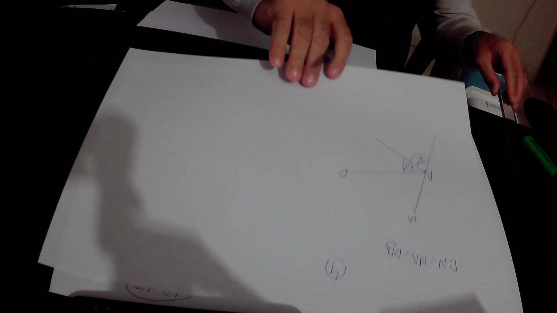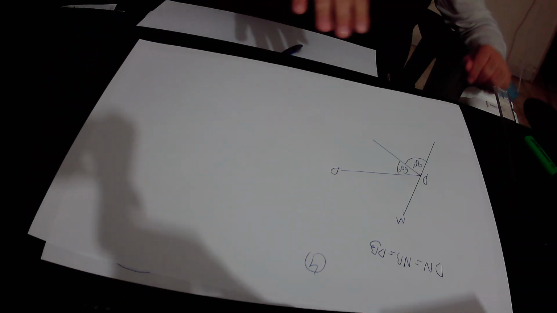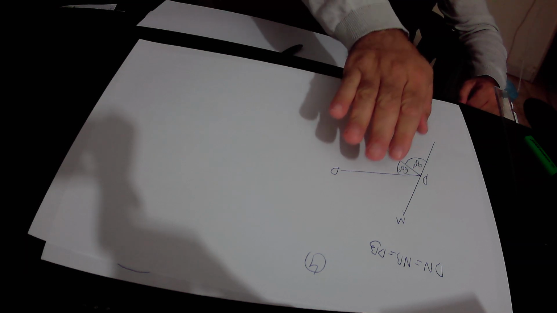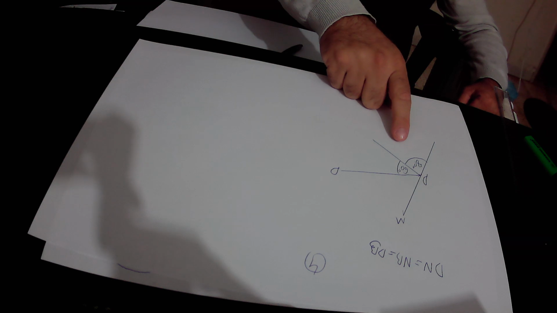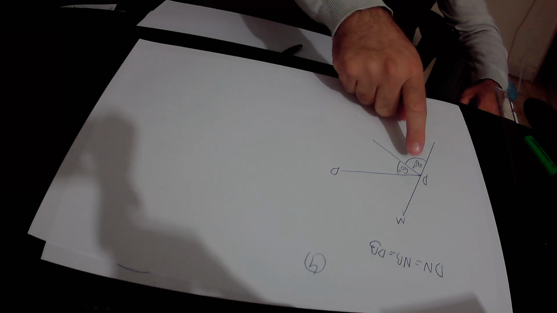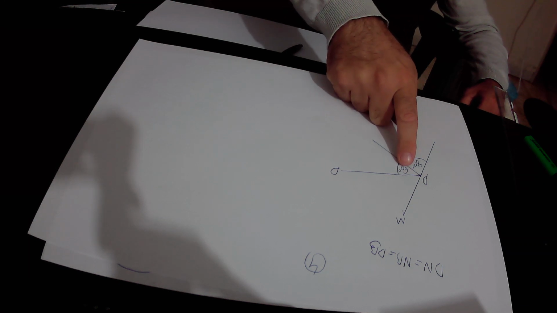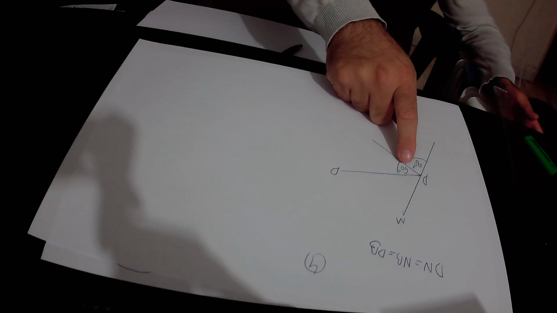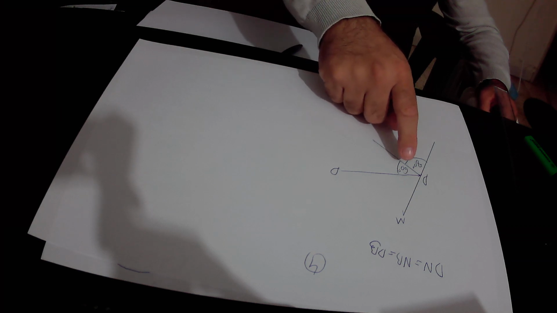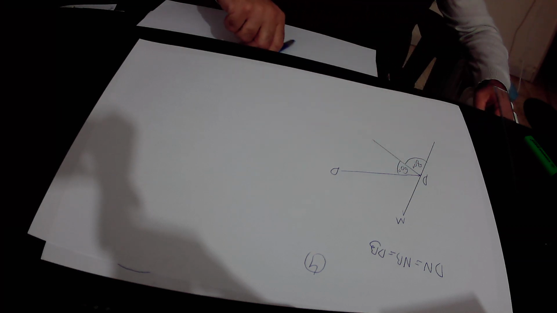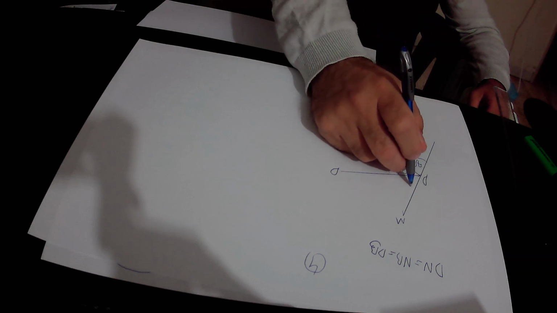Those are the three angles that we have on this side of CA at point D. 80 plus 60 is 140. 140 plus the missing angle must equal 180 degrees, according to the rule that the sum of the angles on one side of a straight line is 180 degrees. Therefore, the missing angle MDN must equal 40 degrees in size.